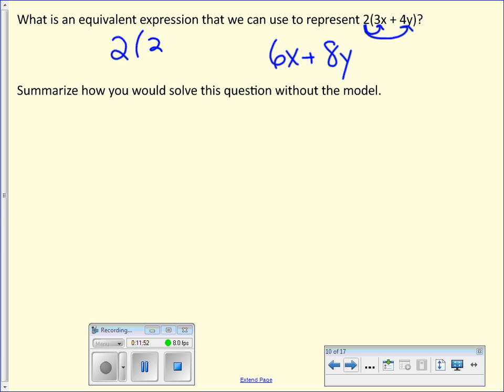So 2 groups of 3x plus 4y equals 6x plus 8y. So basically, what did we do? We took this number outside the parentheses, and what did we do with that number to the terms inside the parentheses? How can we explain what we just did?